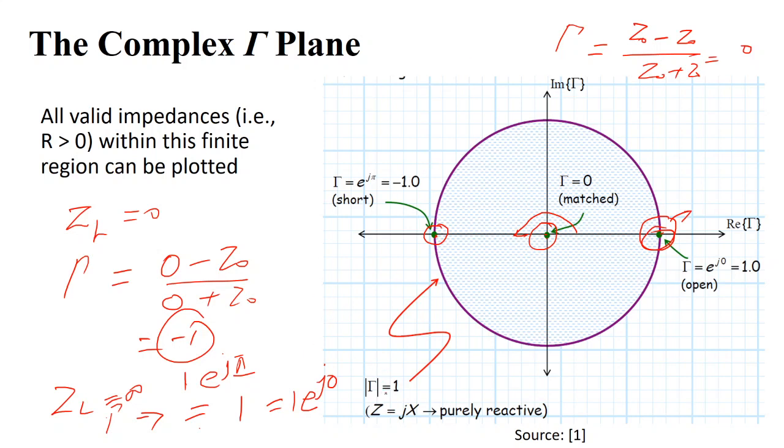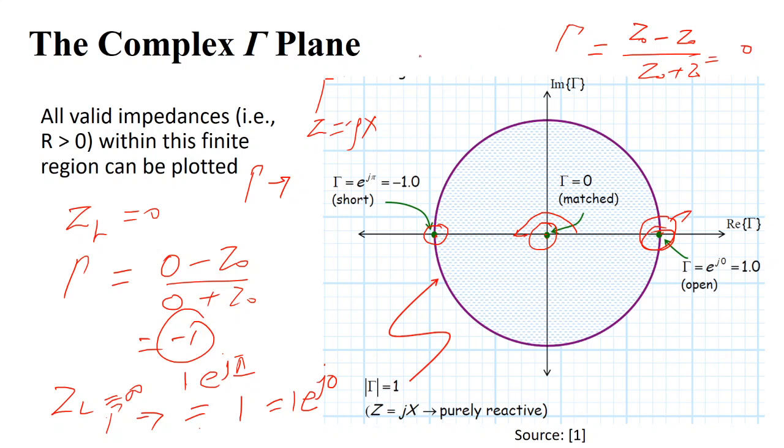Now in this case, where the magnitude is 1, it means this impedance is purely reactive. How? Because when this is equal to 1, when you have the formula here, Z is reactive. So when you find the magnitude here, it comes out to be 1.